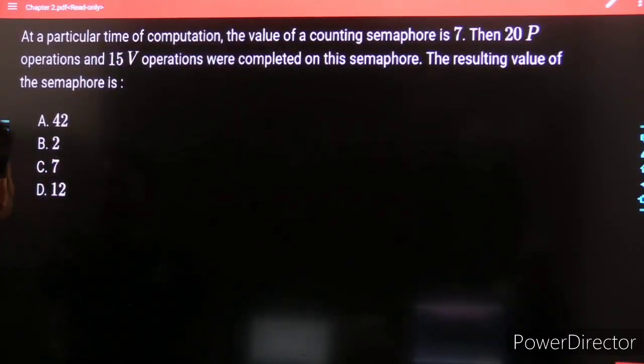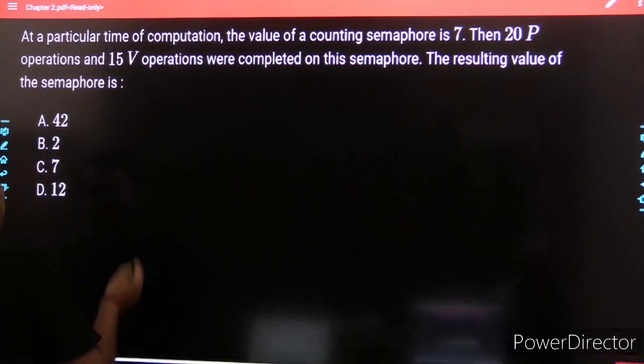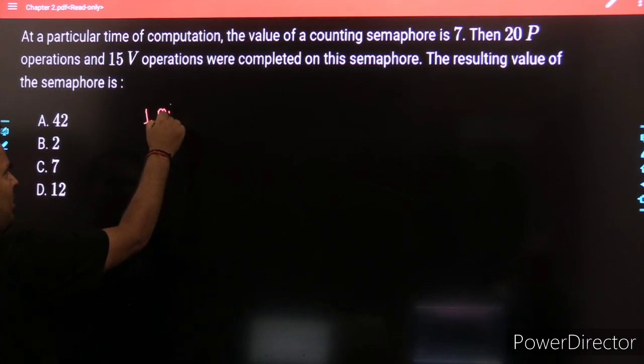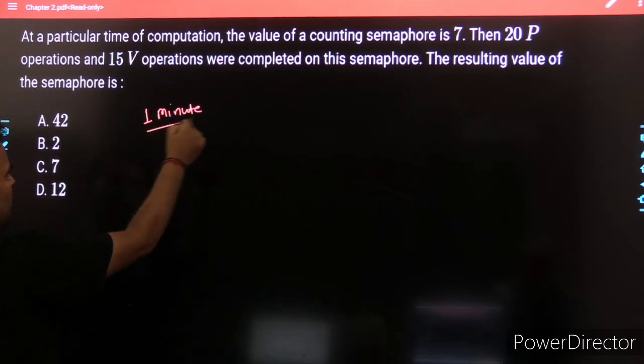This is your next question, and try to solve it by yourself. I am giving you 1 minute here, and 1 minute is sufficient for this question.